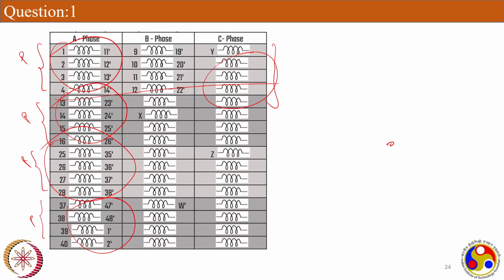Here we have 6 poles, so 6 coil groups, and each coil group will have 3 coils. The answer would be, if per coil group it is 107.5 volts, then the total EMF for 6 coil groups is 107.5 into 6. That should be the answer.